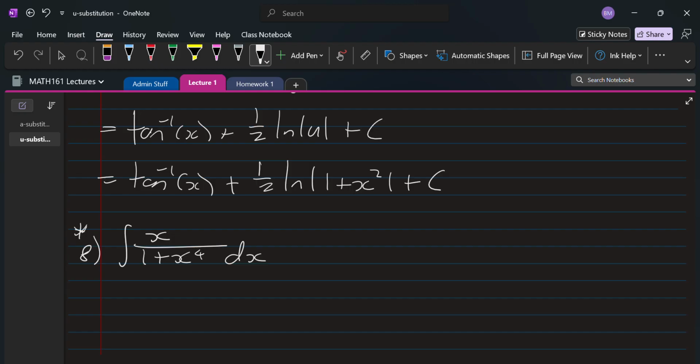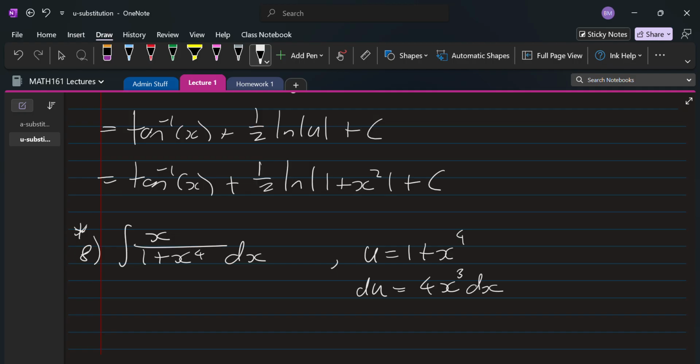Again, if we just let u be the bottom part, then du will be 4x cubed. In the top, we've got x, not x cubed. So we need to do a little bit more working to get x, not x cubed. But we start as normal. u is 1 plus x to the 4. du is 4x cubed dx.